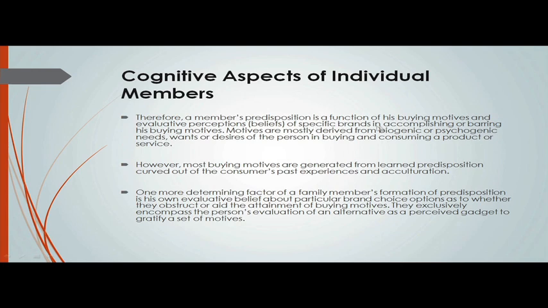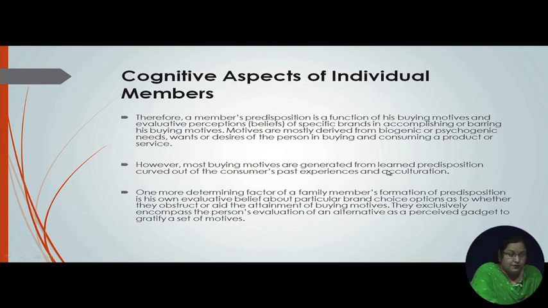Therefore, the member's predisposition is a function, as I said, of buying motive and evaluative criteria. And most of the buying motives are generated from the learned predisposition carved out of their past experience or maybe acculturation during their cultural mix with the other members whom they are talking to, or the society to which they belong.